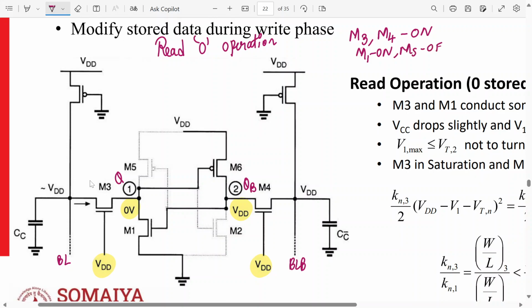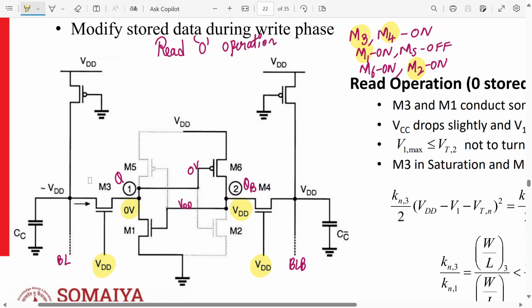M5 off is shown in light color, dotted lines. And since QB is VDD, M6 is on, and we have shown over here M2 is off. Basically over here we have VDD, and over here we have ground, almost 0 volt. That means M6 is on and M1 is on. So the transistors which are on are M3, M4, M1 and M6.